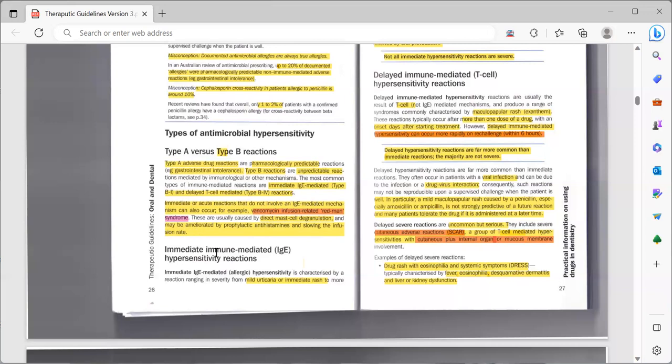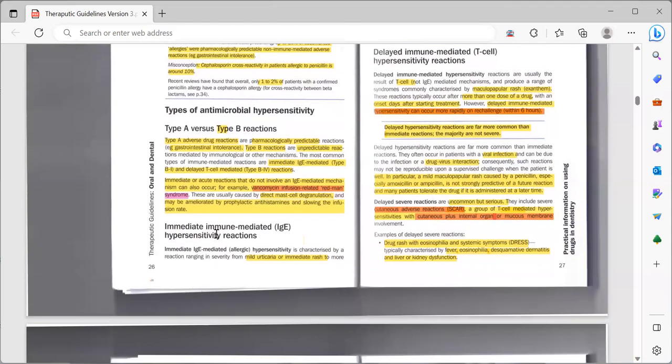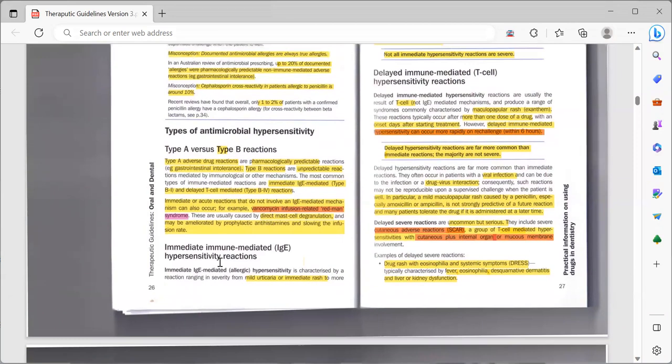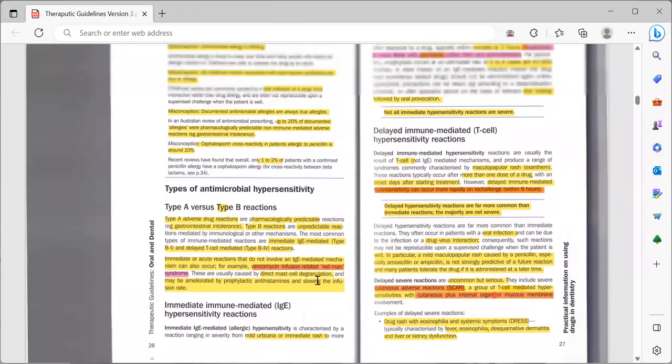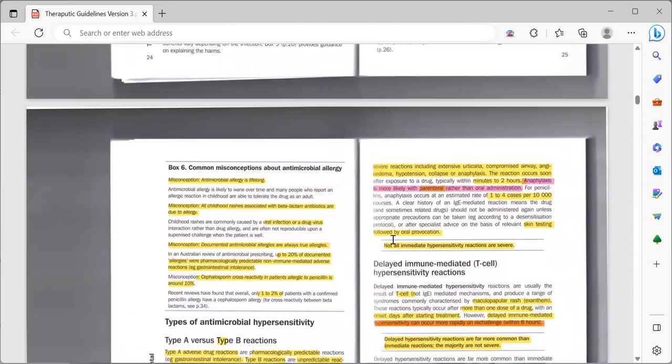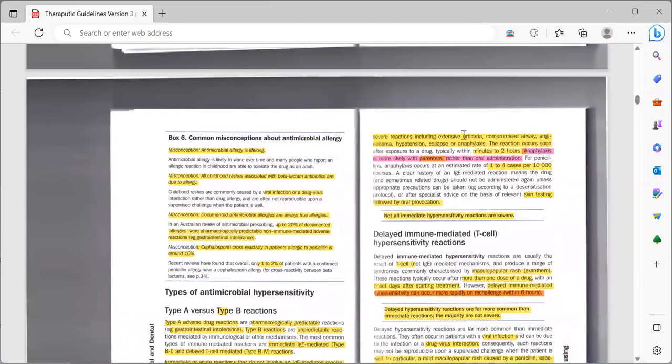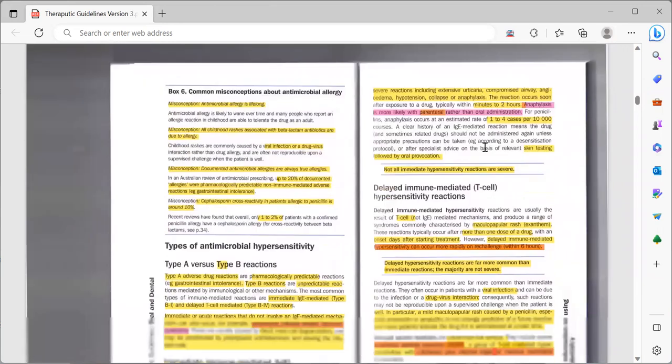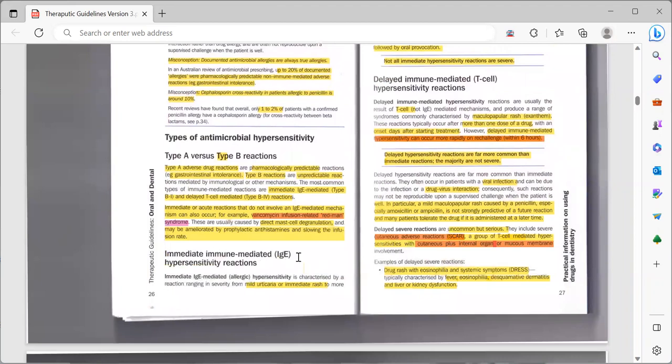Then here we can study in detail the IgE-mediated hypersensitivity reactions. They are characterized by reactions ranging from a mild urticaria or an immediate rash to more severe reactions including extensive urticaria, compromised airway, angioedema, hypotension, collapse, or anaphylaxis. So this IgE reaction has basically three stages.